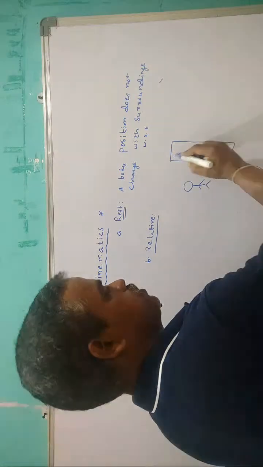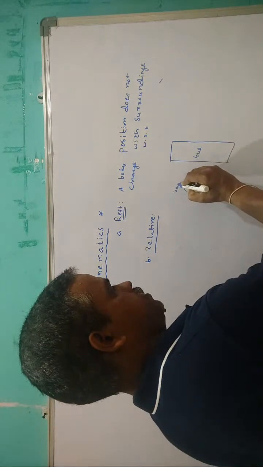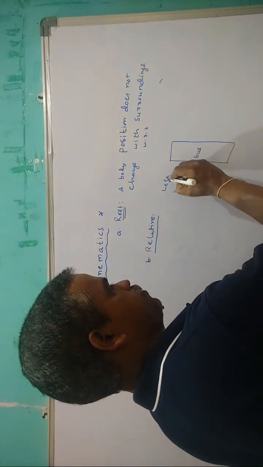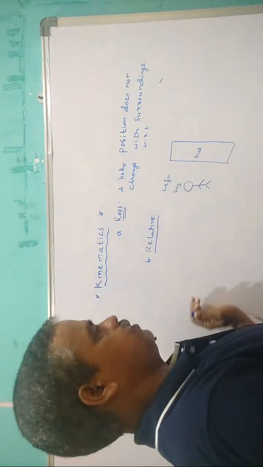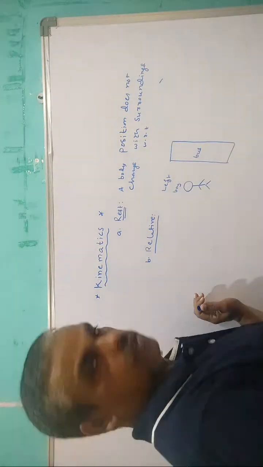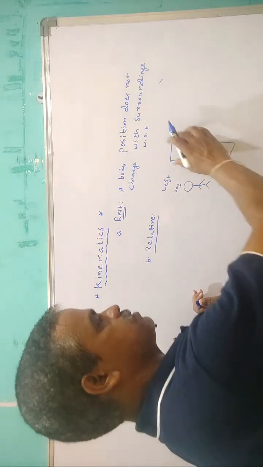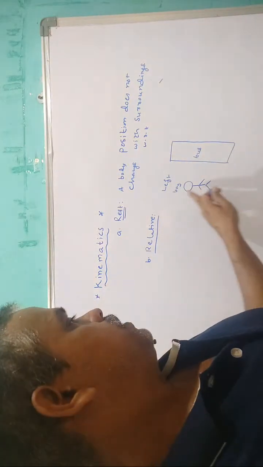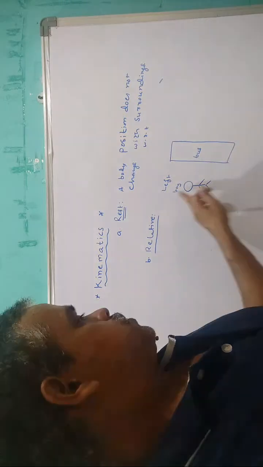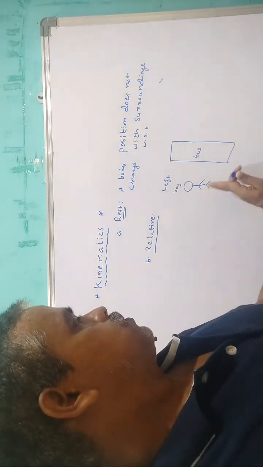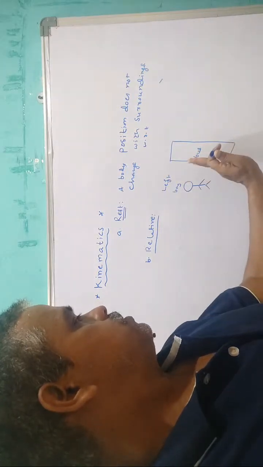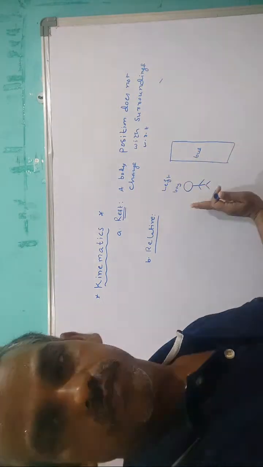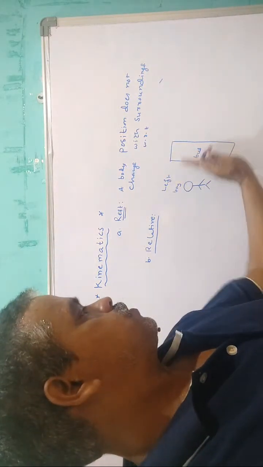So towards the bus, this boy is left side. Just you observe here the picture. This is the bus. Here a boy stood here. So with respect to bus, the boy is towards left.